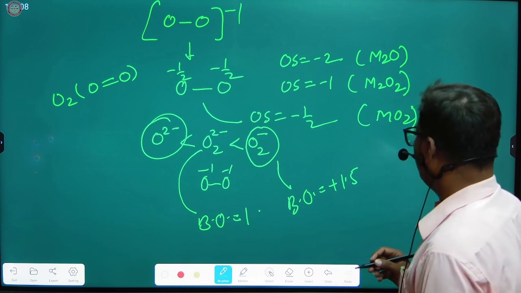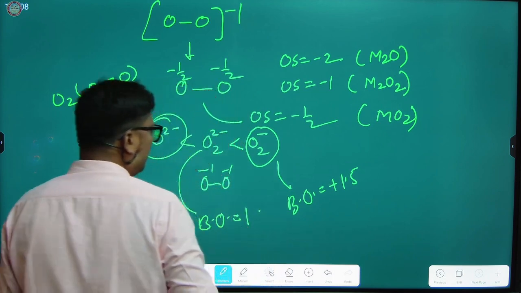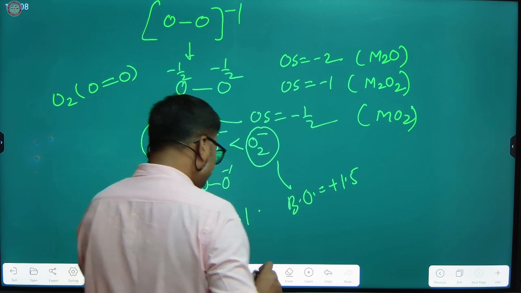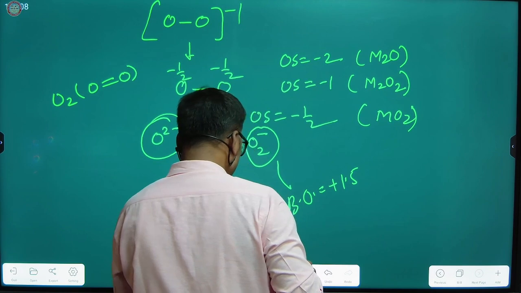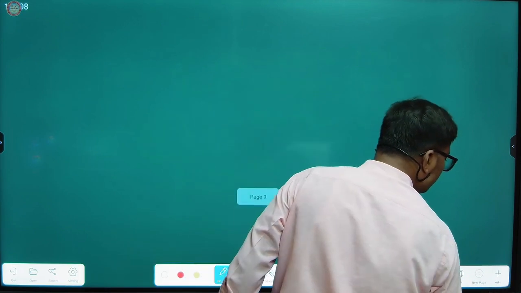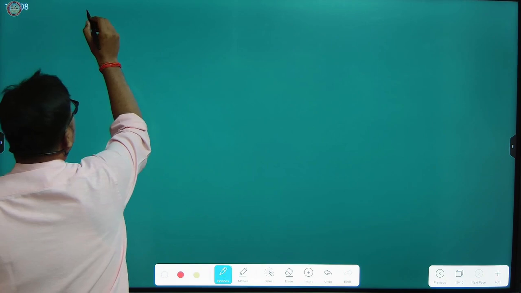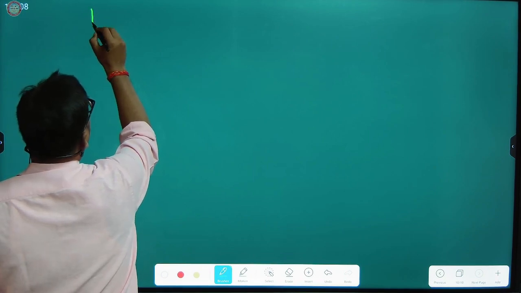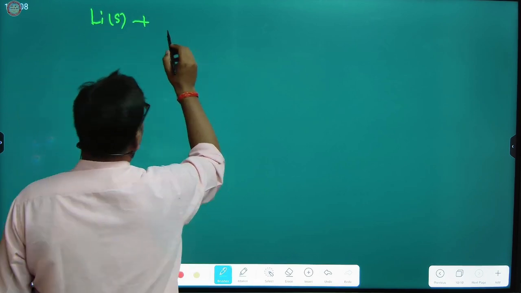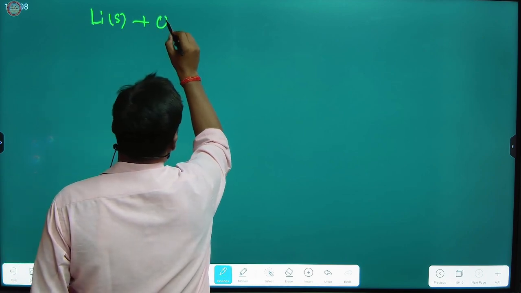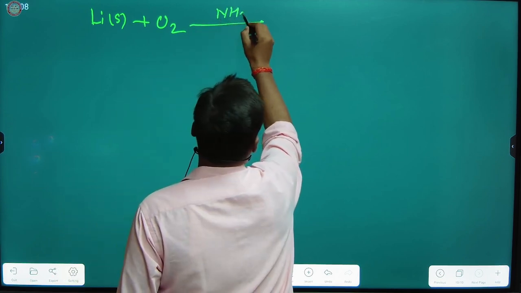Suppose lithium superoxide. So what is the reaction of superoxide? Once lithium in solid state reacts with oxygen in the presence of liquid ammonia, right?